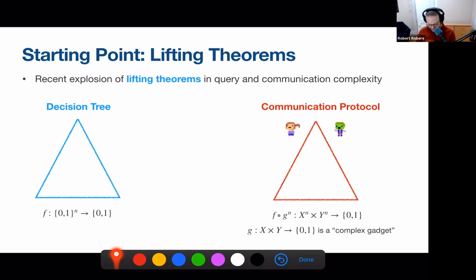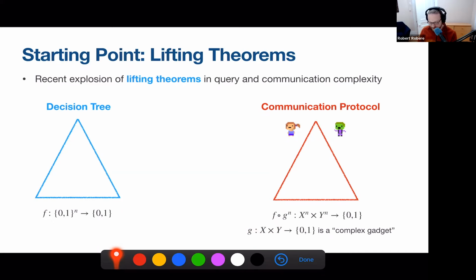Then we can take f and replace every single input of f with some gadget function g on some new independent variables, say x and y, drawn from this set. After doing this composition, we get a natural two-party function, which sits in the realm of communication complexity.